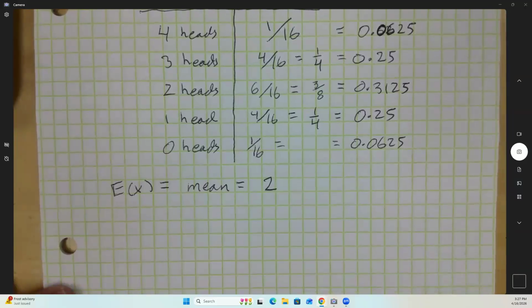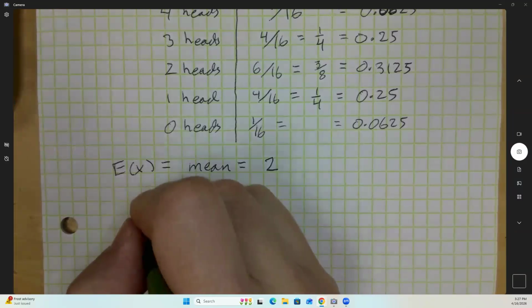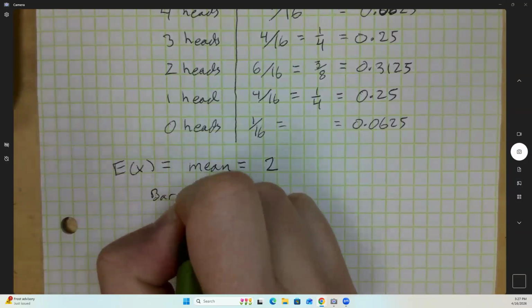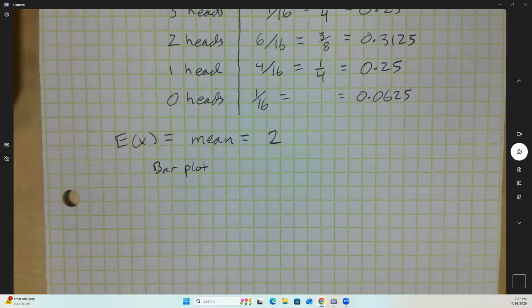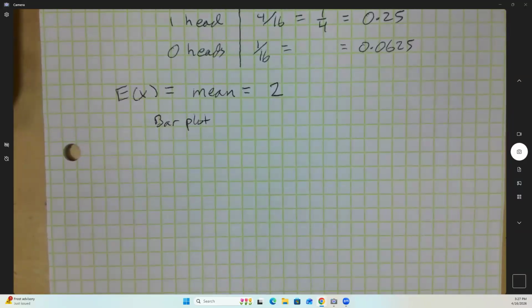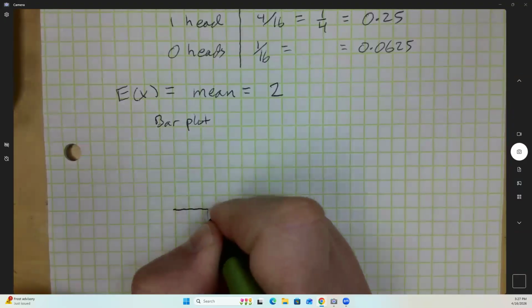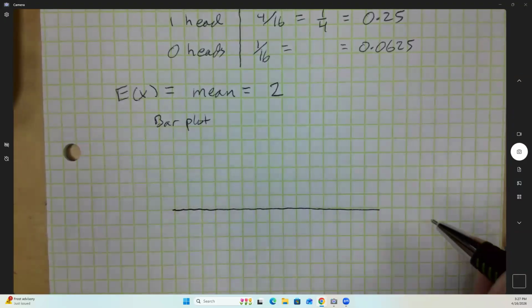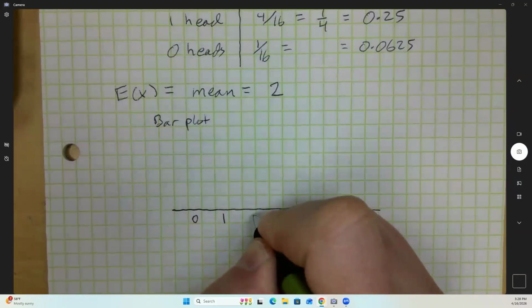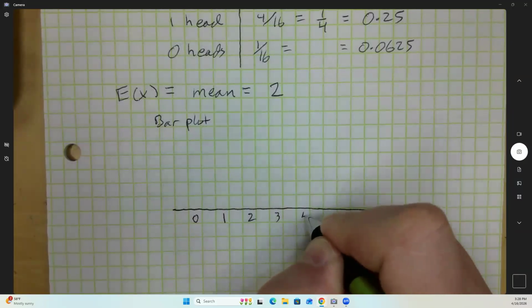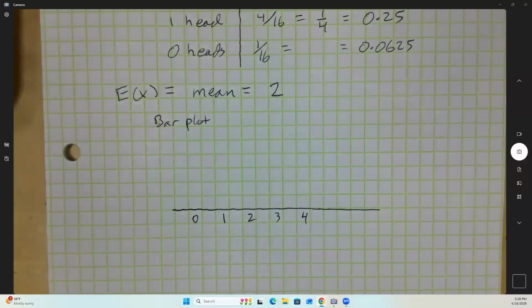And another way to see this distribution is to make a bar plot. So binomial distributions are one of the discrete distributions where graphs are really useful. And you're going to do this in lab 2. Let's put our possible number of heads here on the horizontal axis.